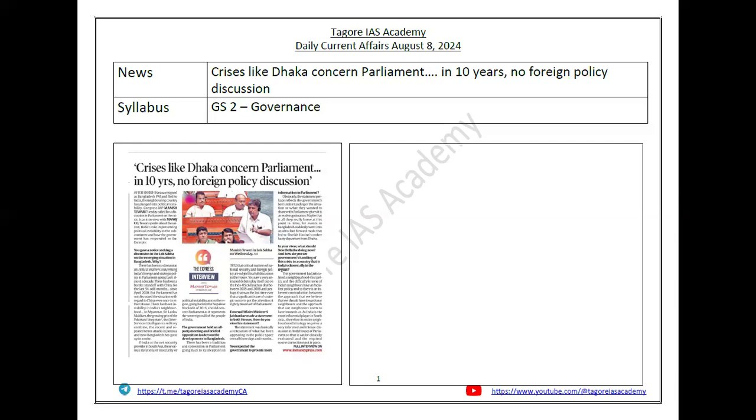Similarly, the recent news of the flight of Mrs. Sheikh Hasina from Dhaka has not been adequately discussed. So, rather than writing simply that issues are not being discussed, you can write specific points which shall fetch you more marks.